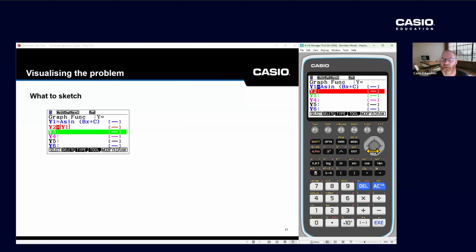The reason I am going to enter it this way is because I quite like having both curves on there, because it does show the difference between the function and its modulus. To enter modulus, it's option and numeric, and then the absolute value. And I want the absolute value of my function y1. Or you could have just entered it as the modulus of a sine bx plus c.